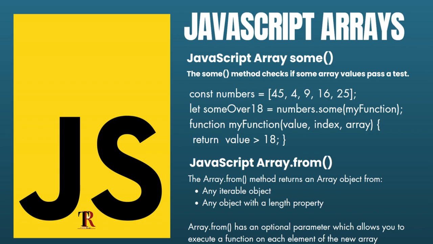Like I said in the previous lesson, where we examined the reduce method, and I think the one before that we talked about the filter method, and so on and so forth.